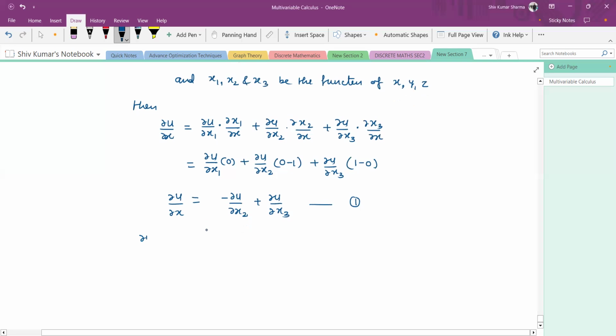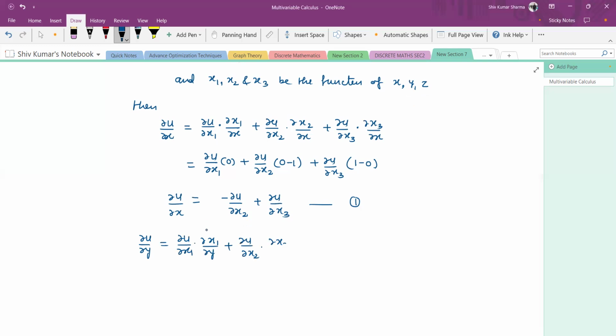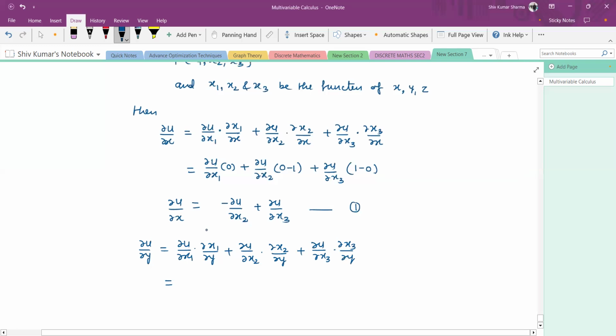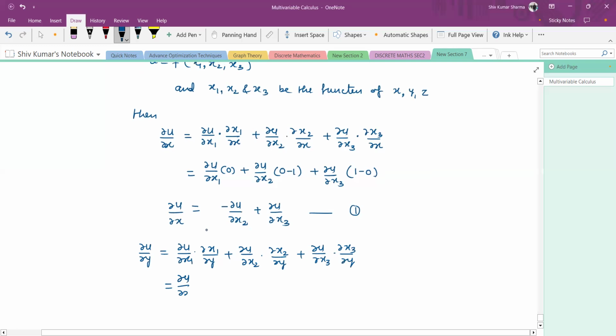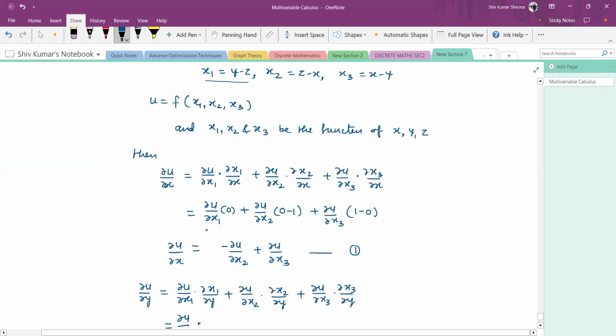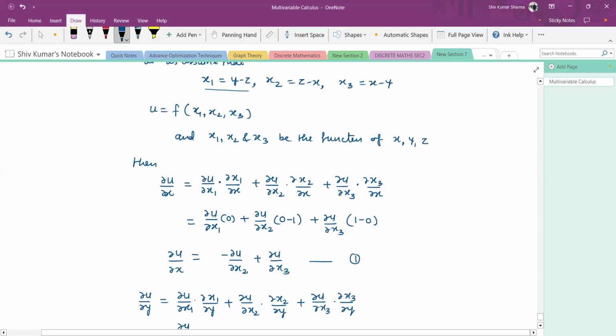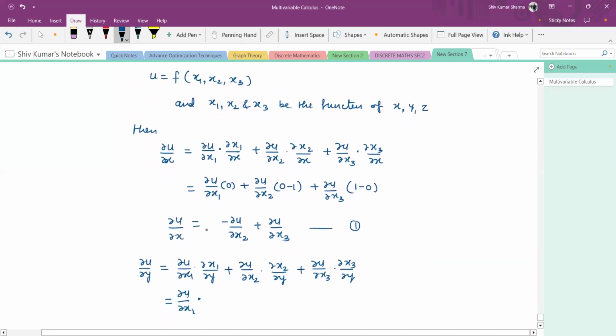Similarly, we calculate del u upon del y. We write del u upon del x1 into del x1 upon del y plus del u upon del x2 into del x2 upon del y plus del u upon del x3 into del x3 upon del y. Now x1 is equal to y minus z, so differentiating partially with respect to y gives us 1 minus 0.